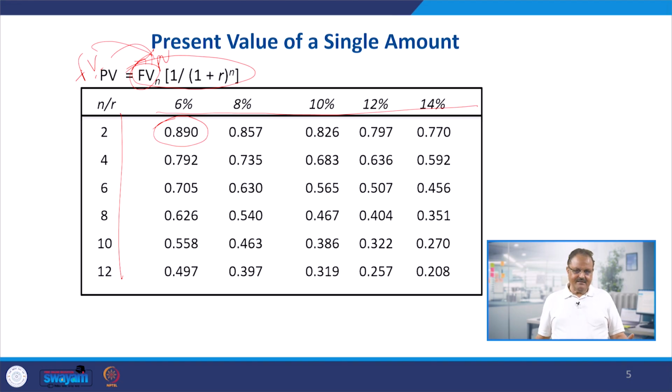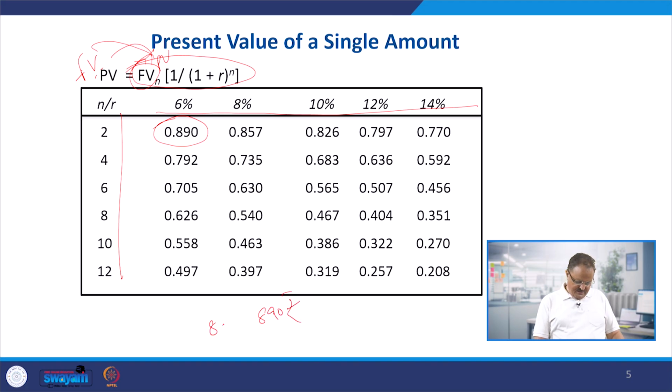So you multiply the 1000 by 0.890, and you can easily find out that the 1000 earned after 2 years has a present value of 890 rupees, right?